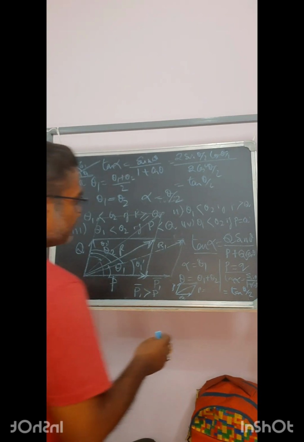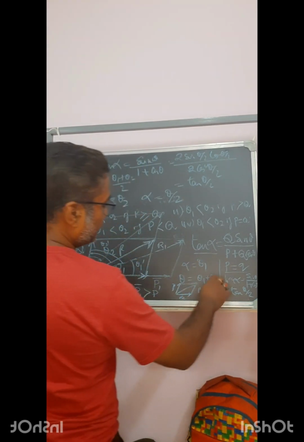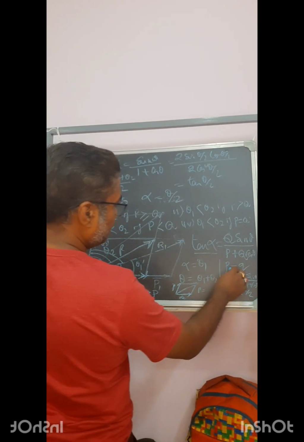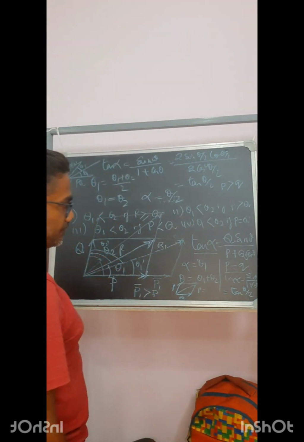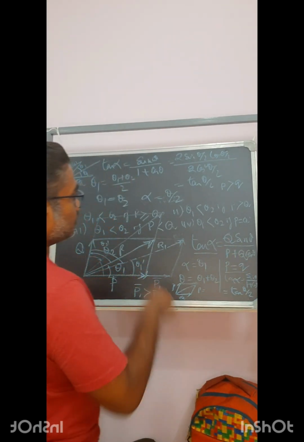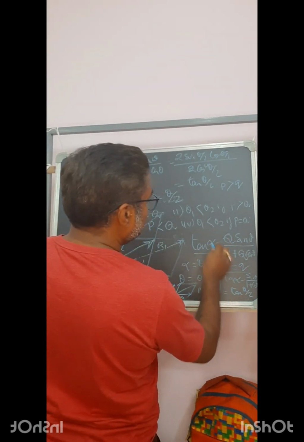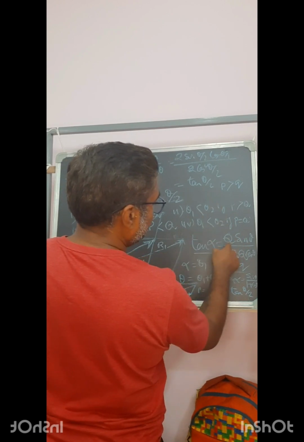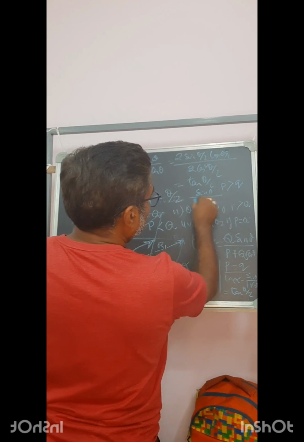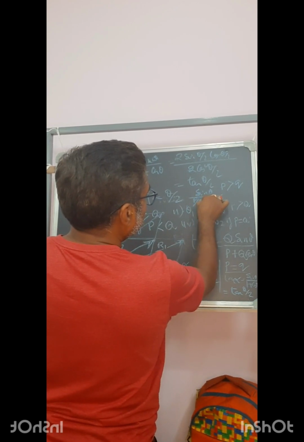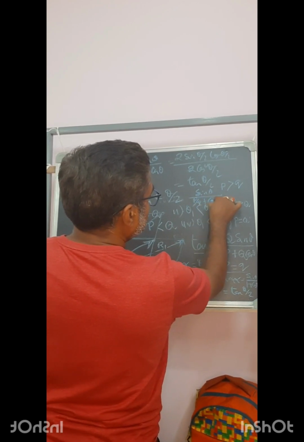So now for the case where P is more than Q, what would be the condition here? I have to divide by Q. So the top will be sin theta and bottom will be P by Q plus cos theta.